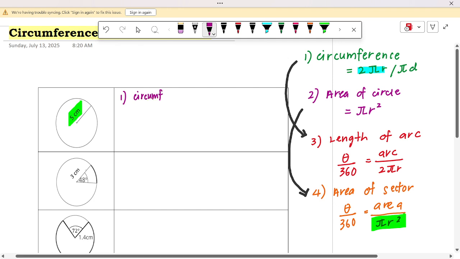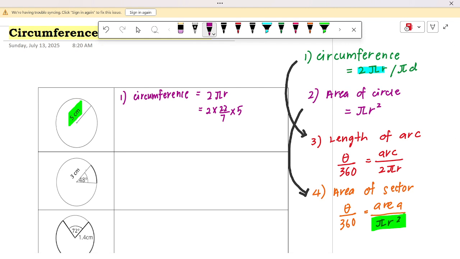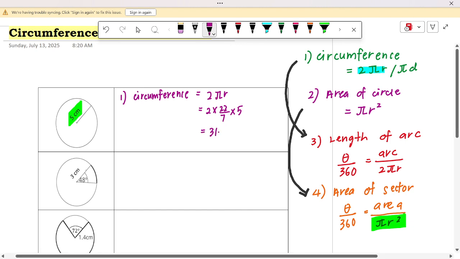Your circumference will be 2 pi r, which gives you 2 times 22 over 7 times your radius, which is 5. So 2 times 22 over 7 times 5 gives you the answer 31.43. You can also use pi as 3.142 depending on what is given in the question.